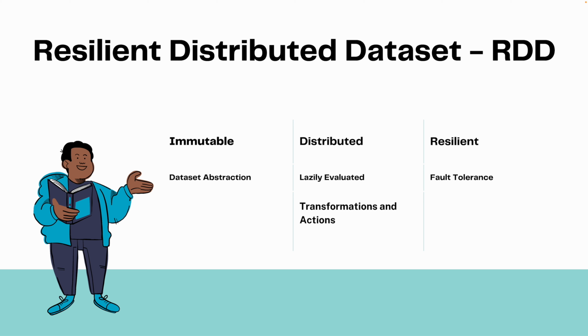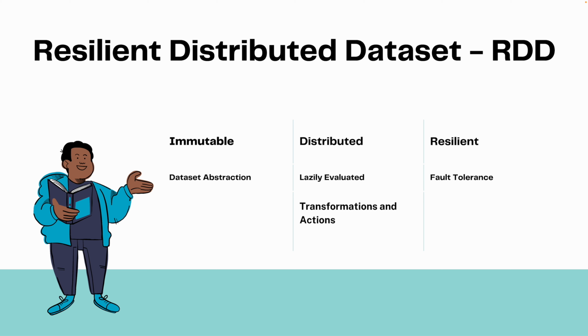RDDs are lazily evaluated, meaning they are not executed immediately. What Spark does is build a DAG of transformations when operations are applied to an RDD, and actual computation only occurs when an action is triggered. That's what clearly defines transformations and actions in RDD.